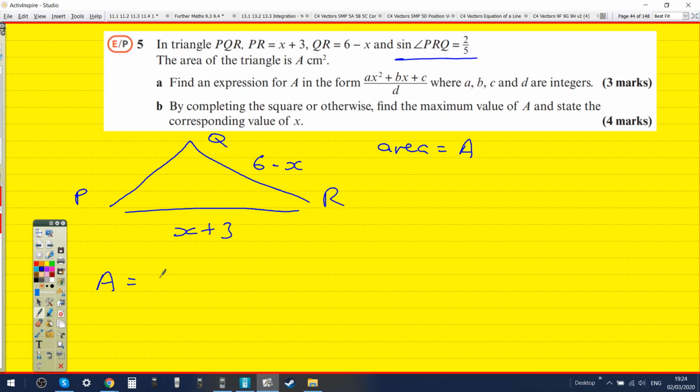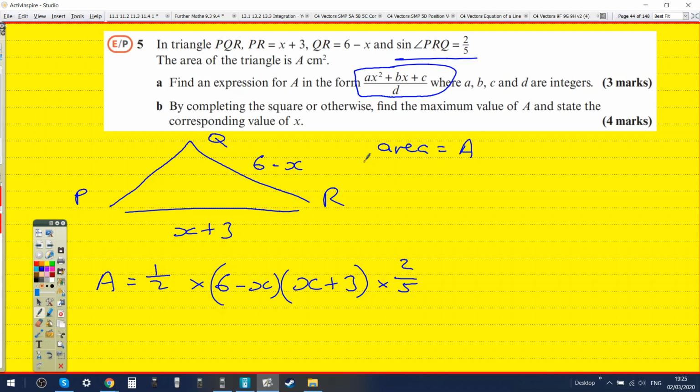So half times 6 minus x times x plus 3 times 2/5. Yeah. Then you just make it look like that, basically. Yeah. So I got 1/5 times 6 minus x times x plus 3. Mm-hmm.